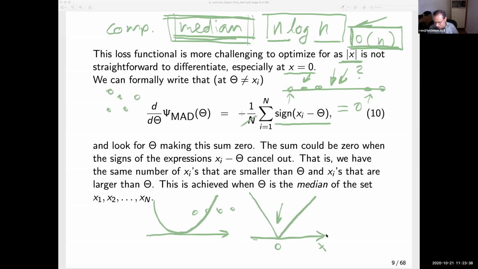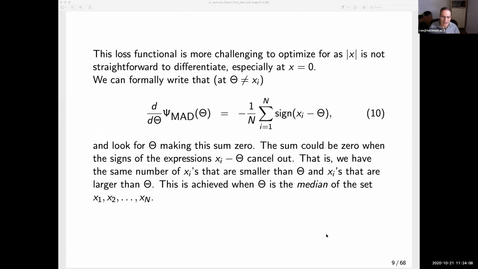This is my entry to my penalty function. But again, we used our definition of the square and the square root in order to take a derivative. By some abuse of notation, we have been able to write it as a sum of signs. And the question is, where is it equal to 0? The answer is nothing but the median. Okay, so now we have the median as a result.